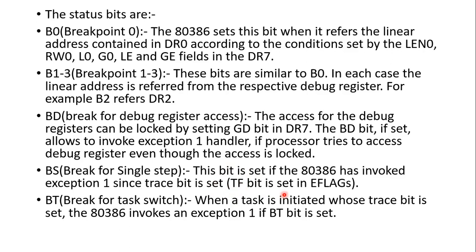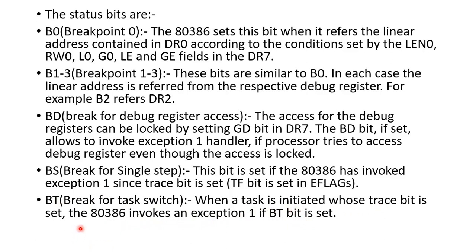Then next is the BT, break for the task switch. When a task is initiated whose trace bit is set, the 80386 invokes exception 1 if the BT bit is set. BT means what? Task switch. You are just switching the task. Whenever you want to switch a task, this bit is set. When a task is initiated, let that task be anything whose trace bit is set.